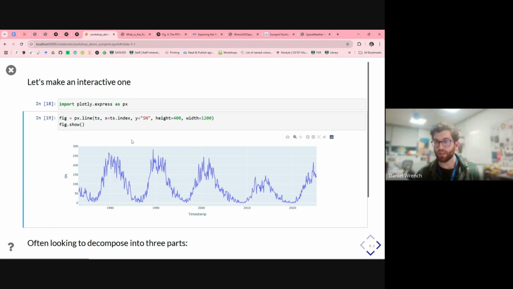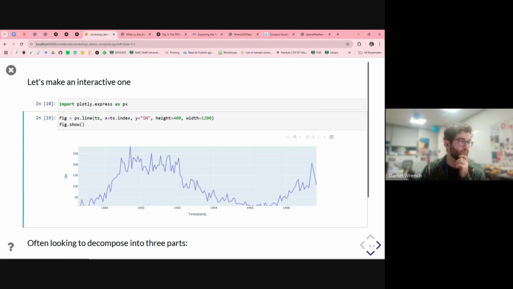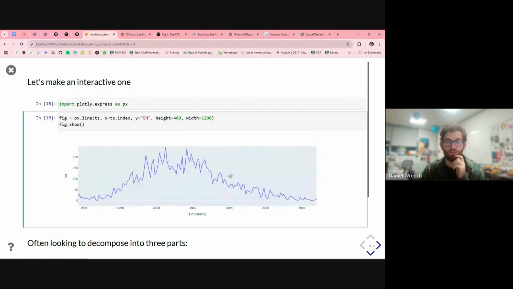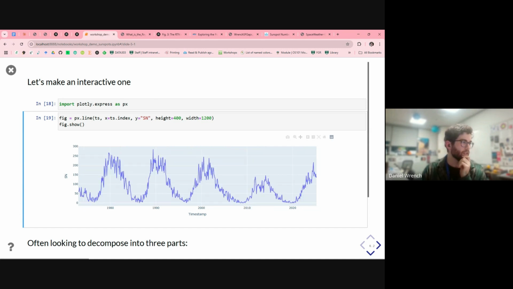You don't want to use it if your data set's too massive or if you don't have a good laptop, but if it's reasonably good size, then you can do it like this, and not only will it allow you to read the specific values and timestamps as you hover over the figure, but also allows you to zoom, right? And then pan along and study any interesting periods in more detail. So that's quite useful. So that's just using the Plotly Python library there.